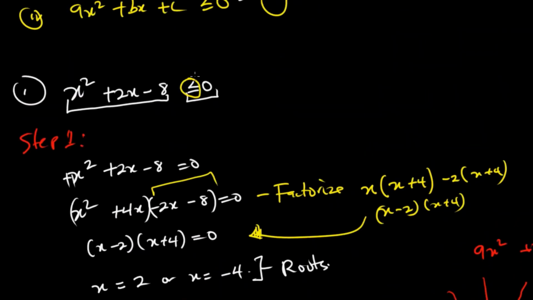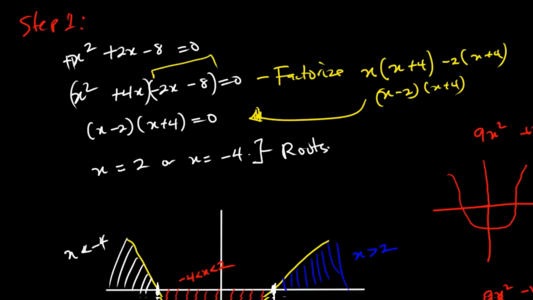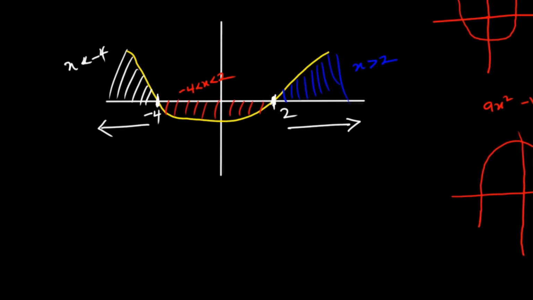Assuming we have a greater than symbol, we're going to be picking the region above the x-axis. Whenever we have a less than or equal to symbol, we pick the region below the x-axis. The region that falls below the x-axis is this part.